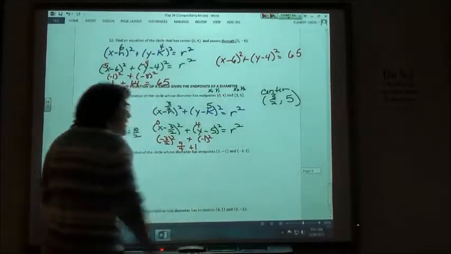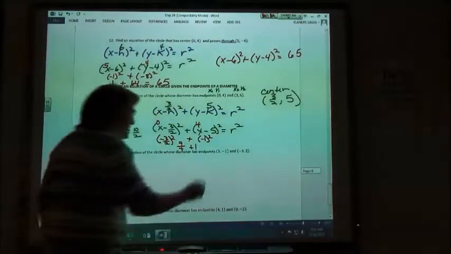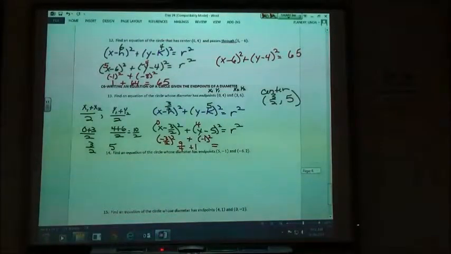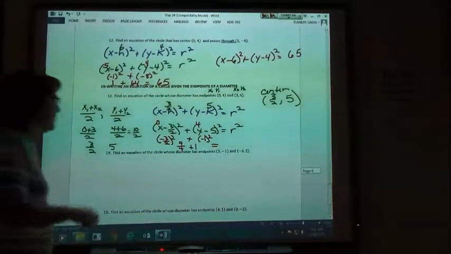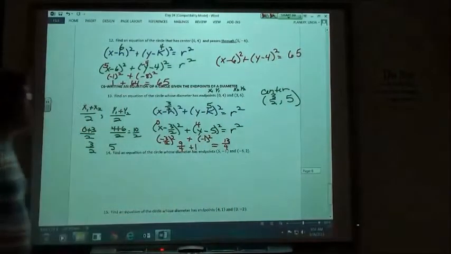We did that before. We got a positive 1. Right? So now you're going to use your calculator and add 9/4 plus 1. 13/4. Okay, that's going to be your end number on your equation.